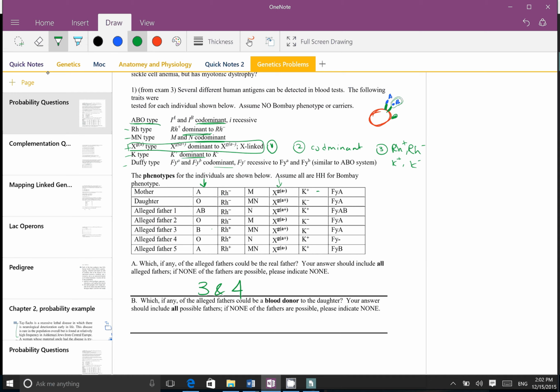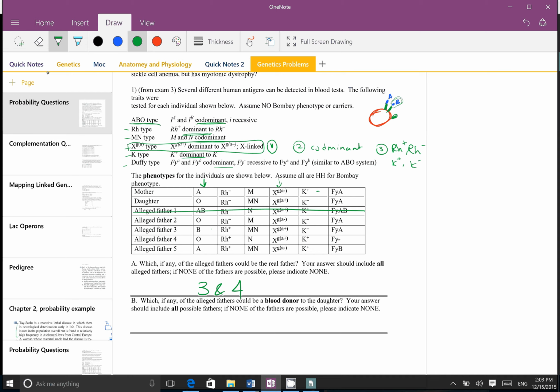You actually look at the blood type A, B, and O. The daughter is O, which means that father number 1 could not give her blood. She'll create antibodies towards those 2 sugars.